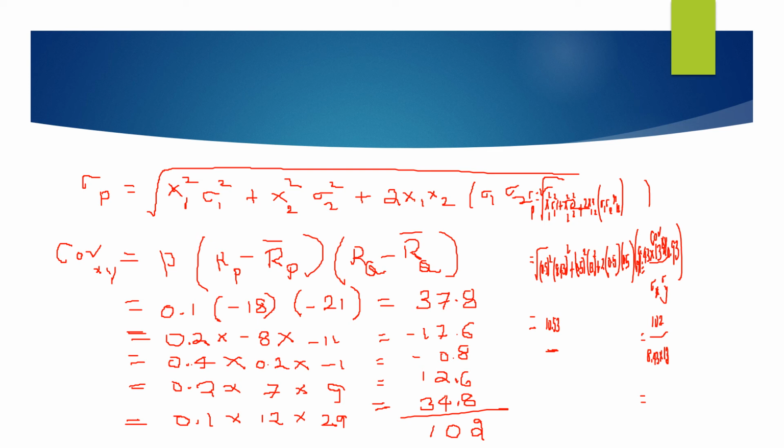Already we have done it; you have to refer to the first part, where we calculated the expected return and standard deviation. Those values we are putting here. So 102 by 8.43 into 13 comes to 0.93. So this is the R value. Now we have found the R value.